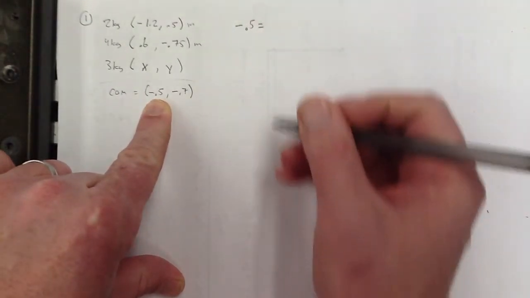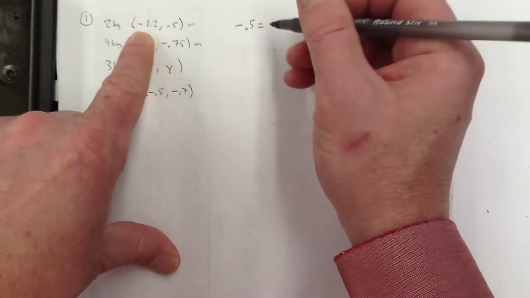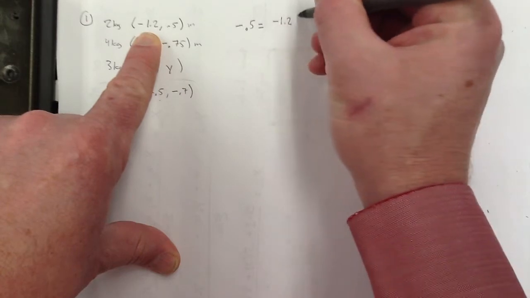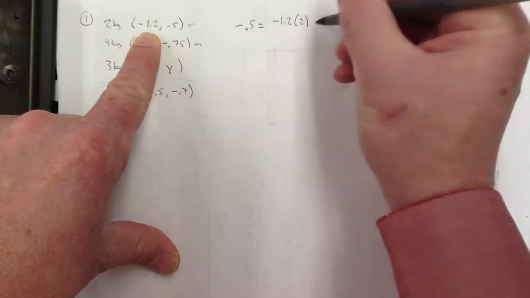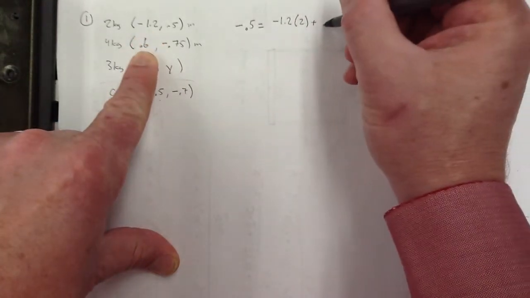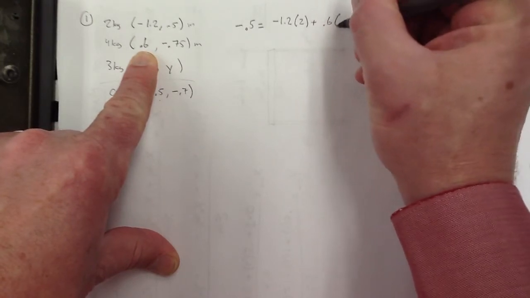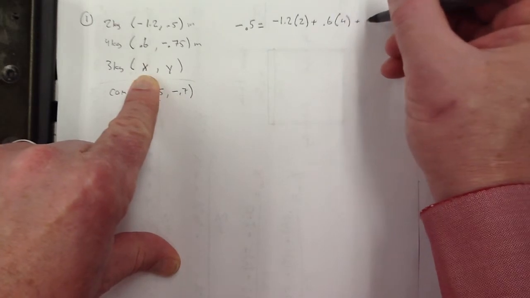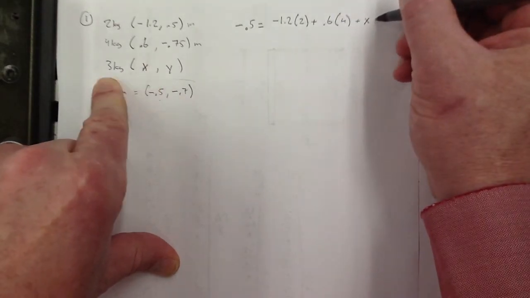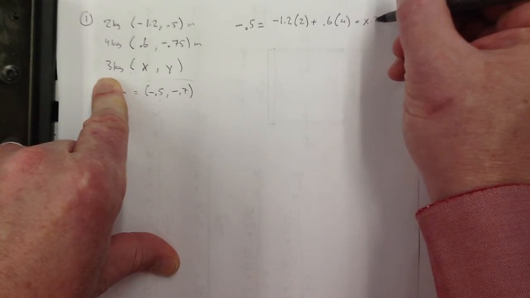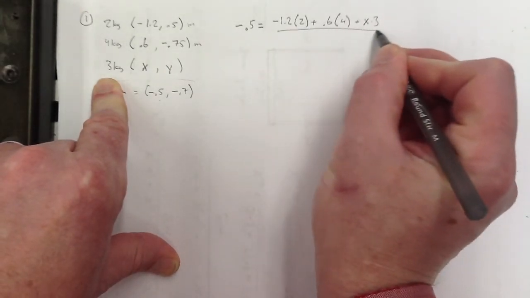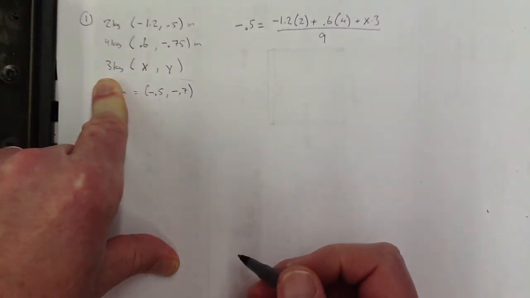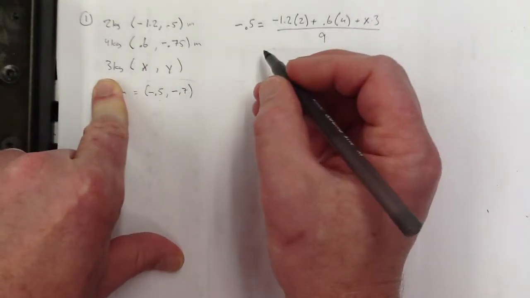And that has to come from taking the x coordinate of the first one and multiplying by mass, plus the x coordinate of the second one, multiplying by mass, and the x coordinate of the third one, which we don't know, multiplying that by mass, and then dividing by the total mass. And then algebra.